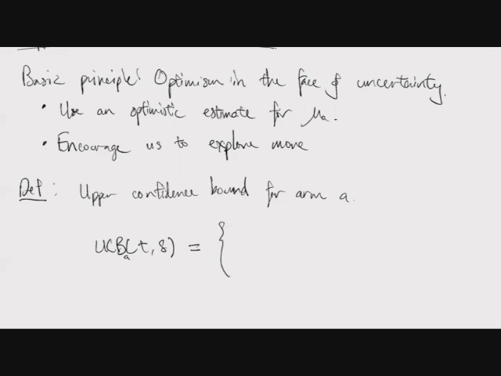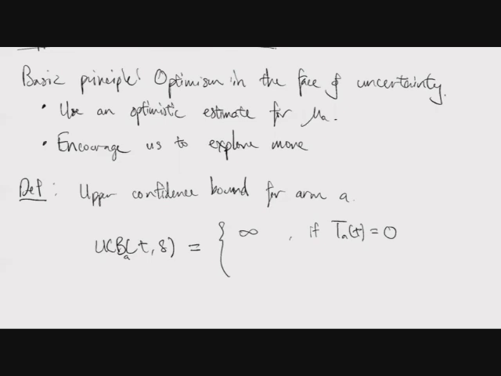Okay, so if the arm has not been pulled so far, meaning that we have no information at all about it, then the UCB is going to be infinity. Recall that T sub A of t is the number of times arm A has been pulled in the first t rounds.